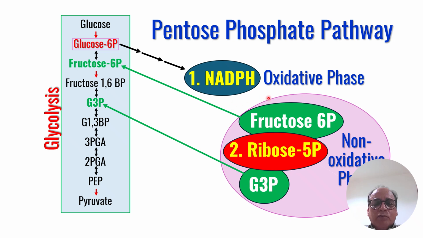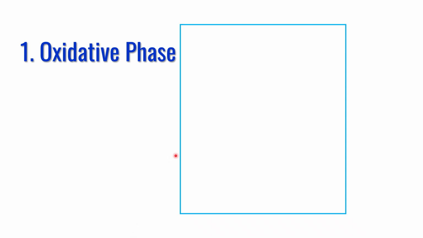Therefore, simultaneous operation of this pathway is not going to disrupt or affect the efficiency of glycolysis. In the next slides, I will discuss the details of both phases, including enzymes, the product, the regulation, and the significance. So let us start with the oxidative phase.